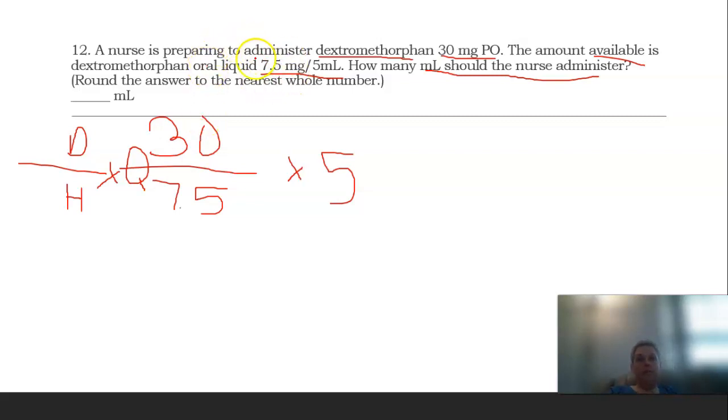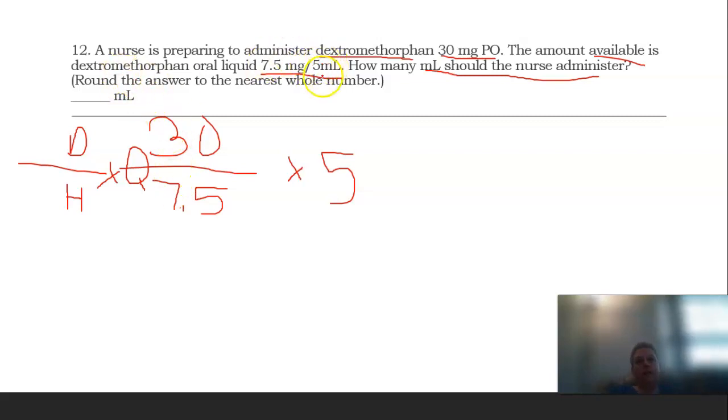If I know there's 7.5 in every 5 mils, can I always ask myself what's in one? 7.5 divided by 5 would be 1.5 per mil. So let's put 30 in, divided by 7.5, times by 5.